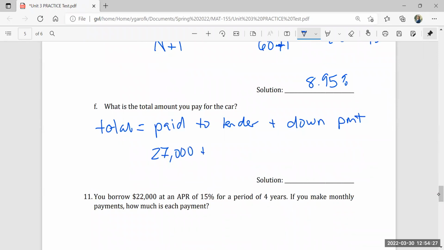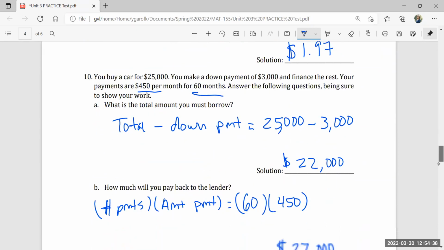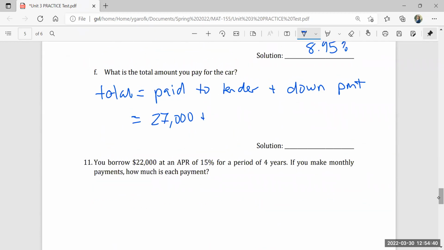But also remember that we also put a down payment. We made a down payment of $3,000. So everything you're paying for the car comes together to be $30,000.